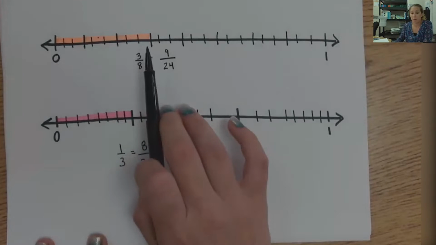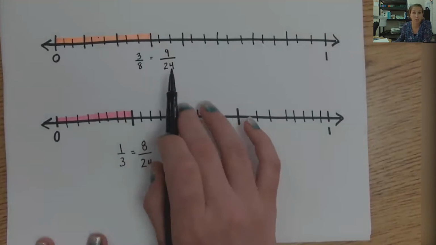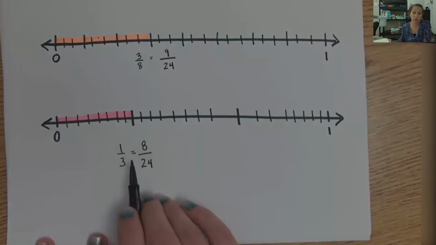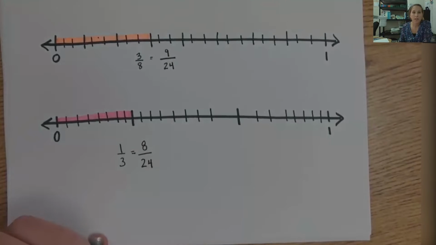The first shaded part shows us 3/8, or its equivalent fraction 9 24ths. The second shaded portion shows us 1/3, or its equivalent fraction 8 24ths. What would those shaded portions be together?